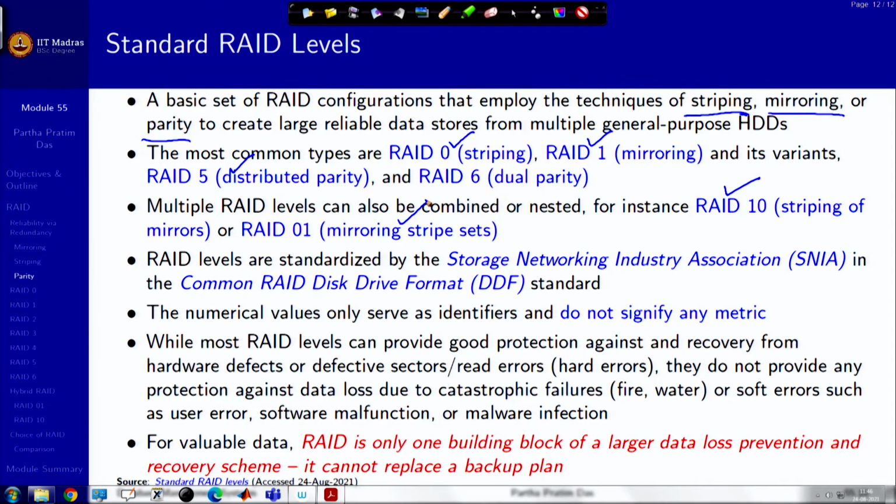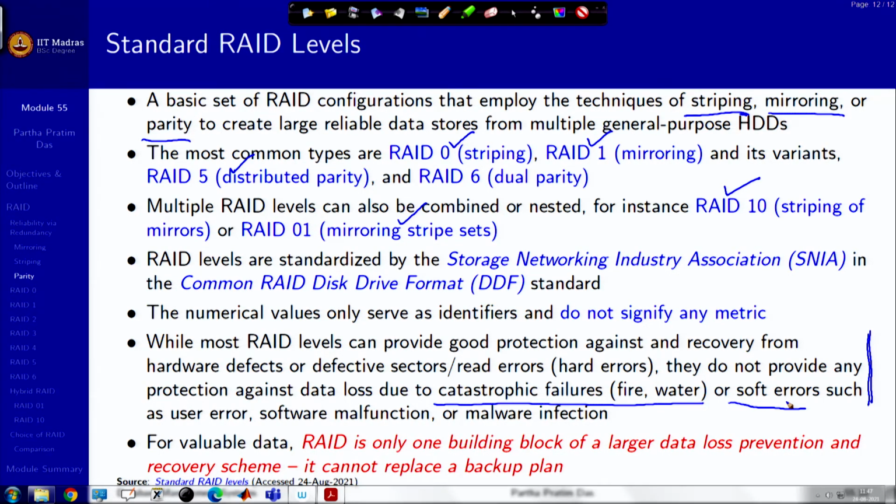Now, naturally, while RAID will provide you good protection and recovery against different hardware defects, defective sectors, read errors and so on, it will not give you protection against various other forms of data loss like catastrophic errors such as fire and water, or soft errors such as application programming errors, software malfunction, malware infection and so on and so forth.